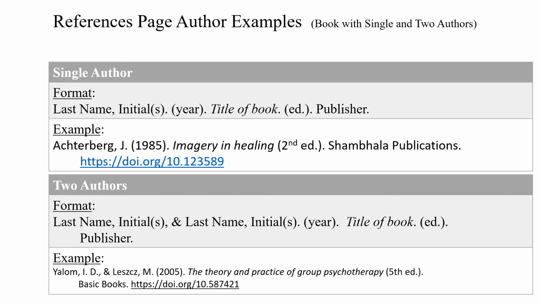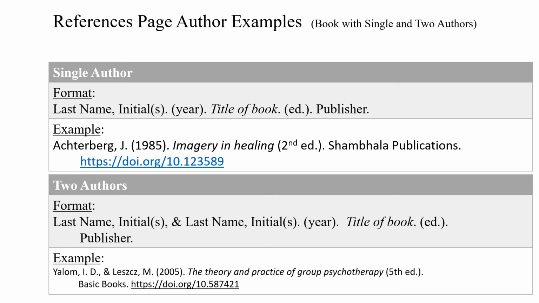The first word of a subtitle or the first word after a colon is also capitalized along with proper nouns. The edition is listed as part of the title but is not italicized and is followed by a period. The final items are the publisher name and the DOI of the book if it has one. Note, you are no longer including the city and state of the publisher.